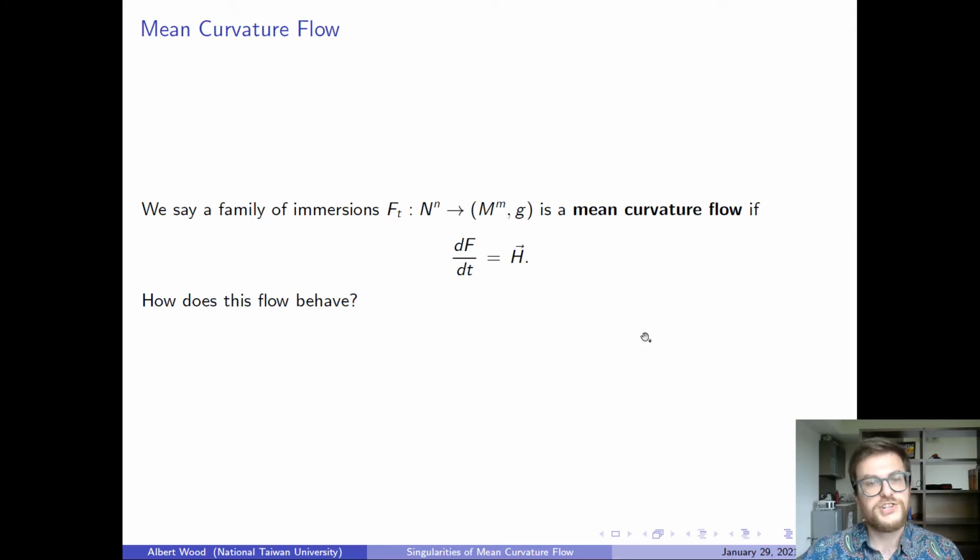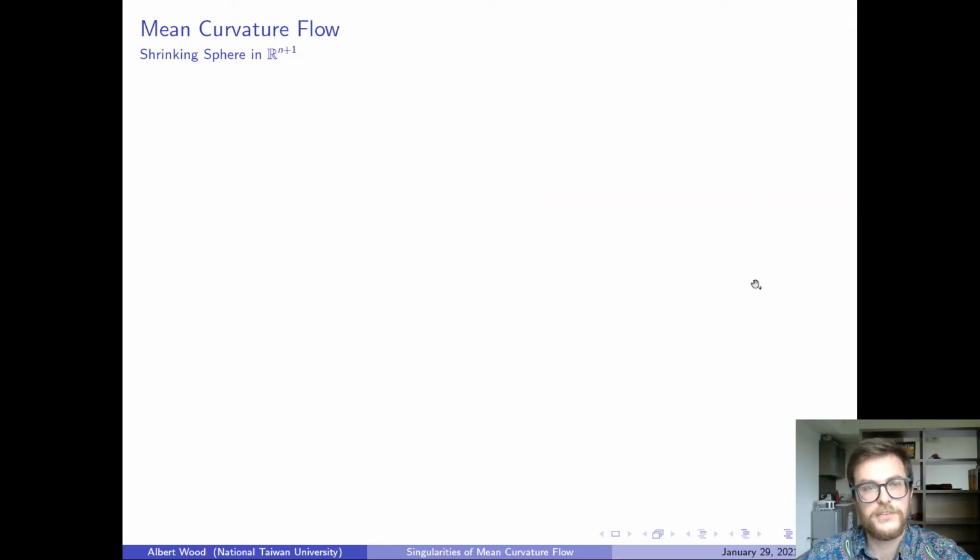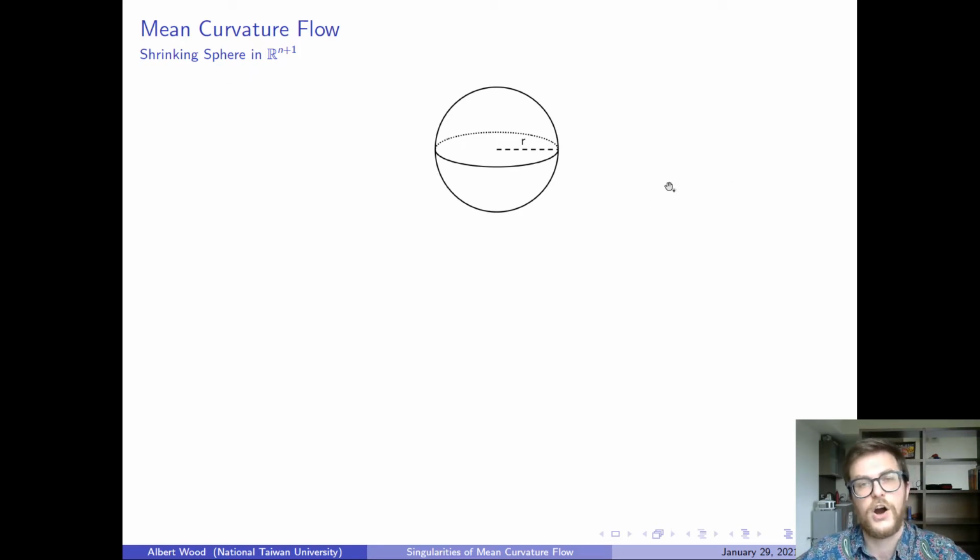So the first question is, what actually happens under this flow? And I think it's best illustrated with a sequence of examples. So the most basic example we can give is the most symmetric example we can give, which is the shrinking sphere in R^{n+1}. So here we work with an ambient Euclidean space, and we choose our submanifold to be dimension 1 less.